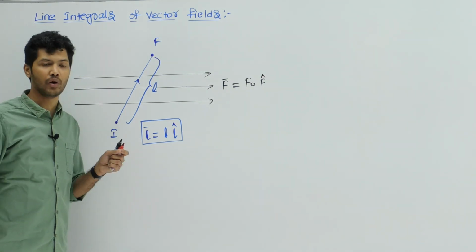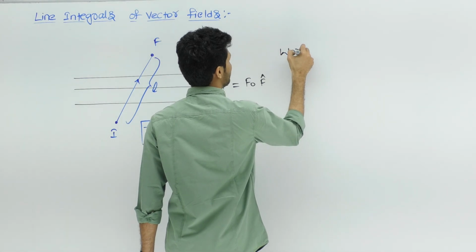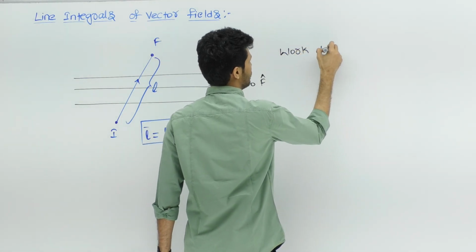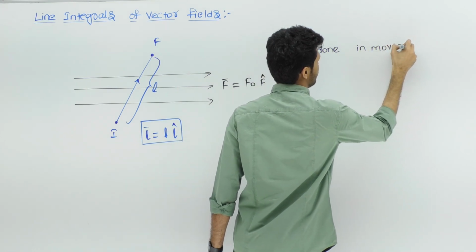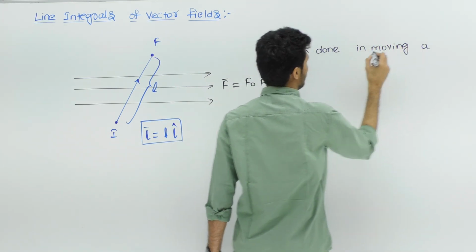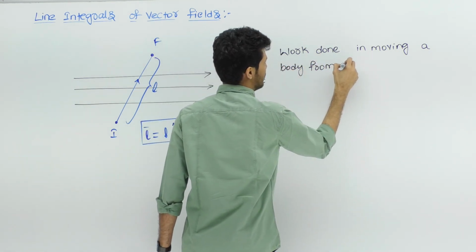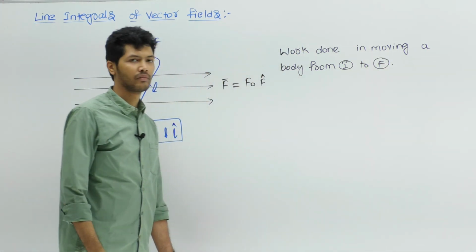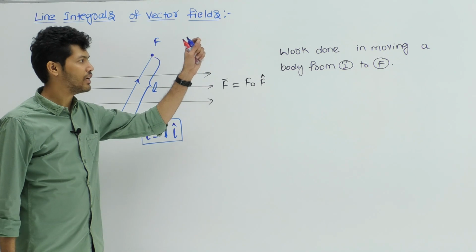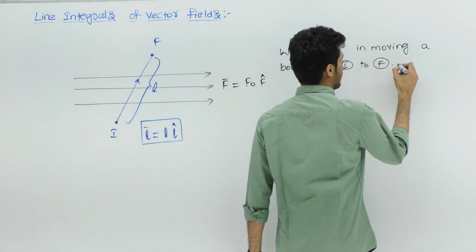And I want to find out how much is the work done. How much is the work done in moving a body from the initial point I to the final point F? Whenever we are going from the initial point to the final point, we are taking the path along L bar.